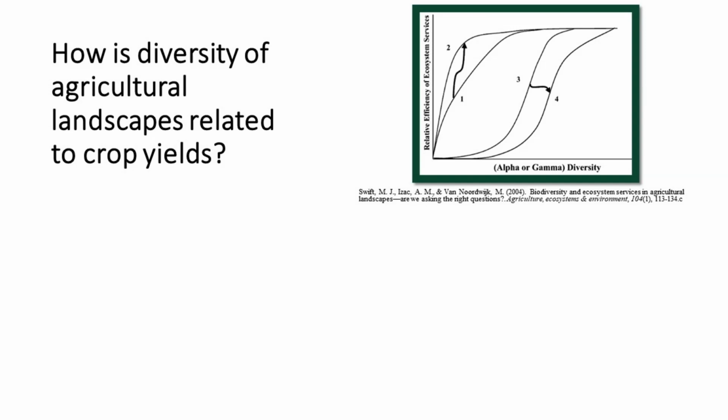And these ecosystem services then, of course, in turn support agricultural production. That's represented by the curves 1 and 2 in this figure.